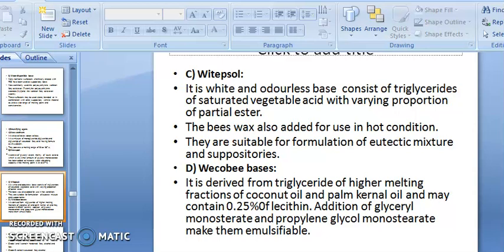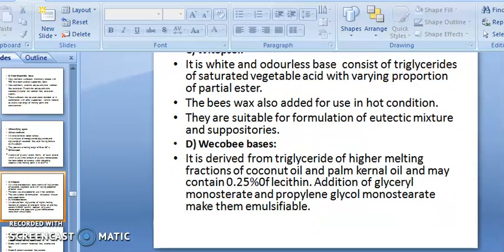Addition of glycerol monostearate and propylene glycol monostearate makes them emulsifiable.